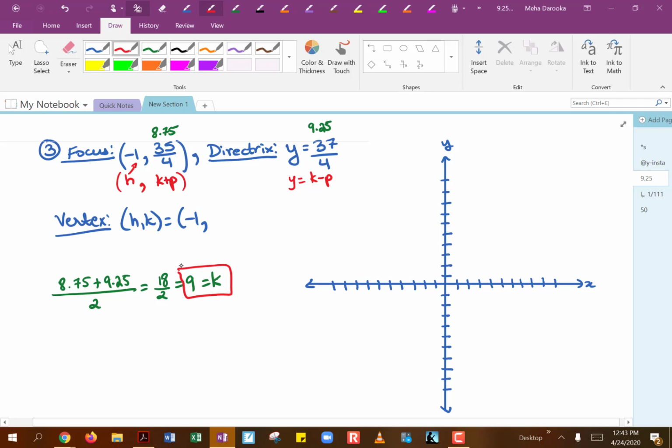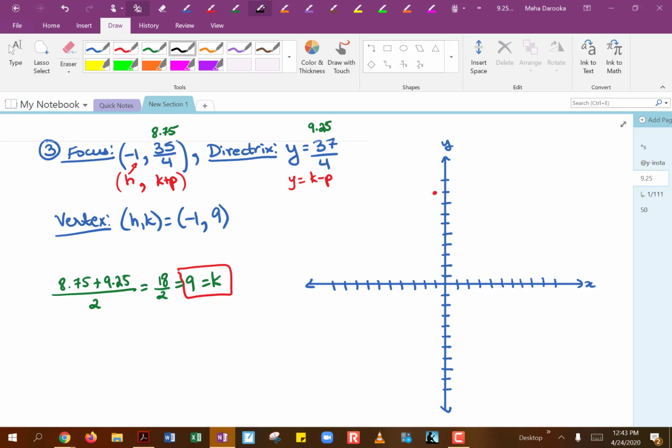This is kind of what I was talking about in example 1. So that means my k value is 9. This is where my vertex is going to be, at -1, 9.